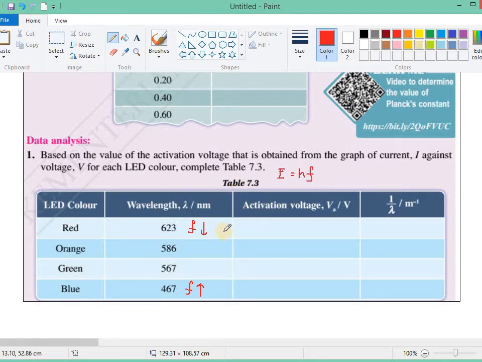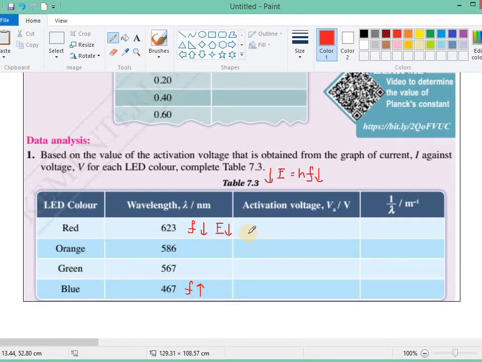It means that in order for a red color photon to come out, you need less energy, because the frequency is low, so the energy required will be lower. Okay, that means the energy of the red color photon is lower.